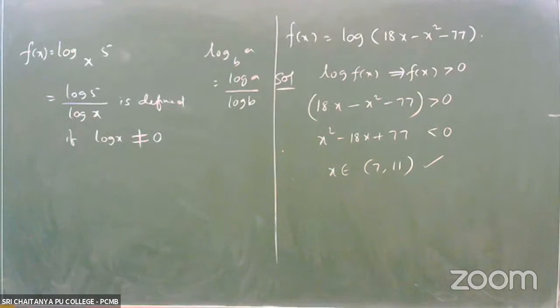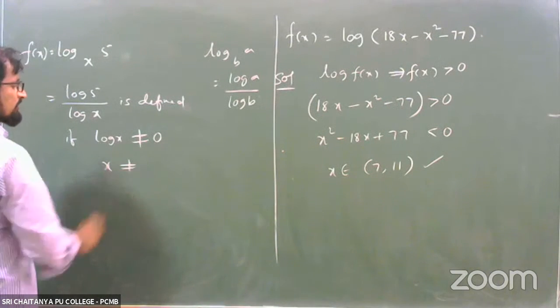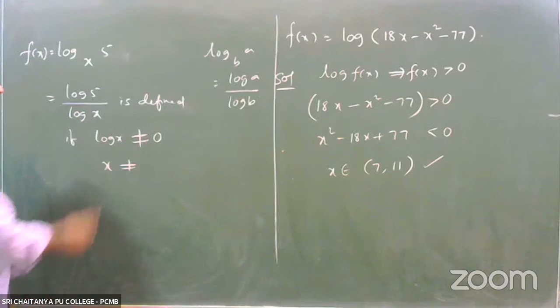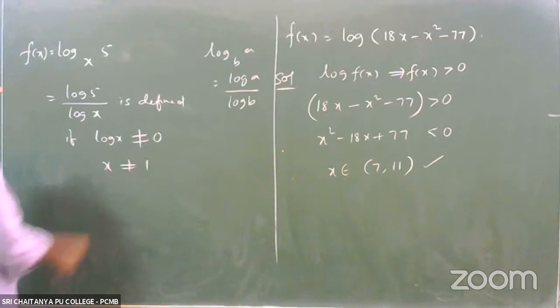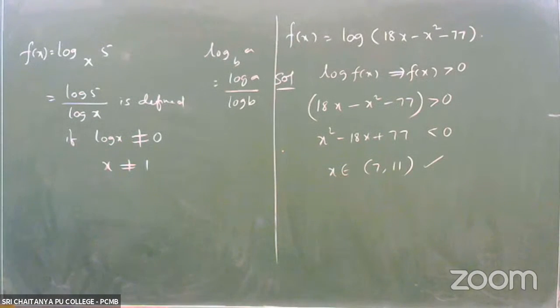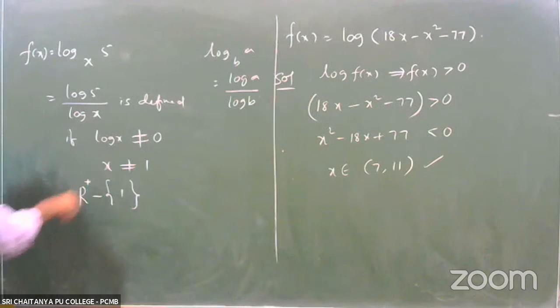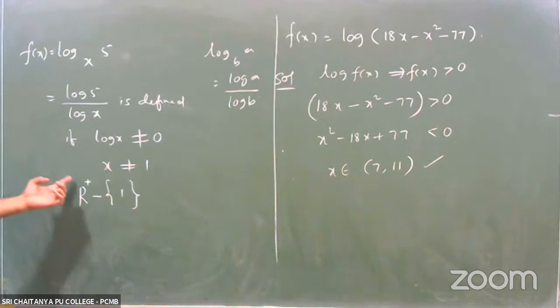Log x value is not equal to 0 means x should not be equal to 1. Why? Because log 1 is equal to 0, right? So R minus 1, all positive real numbers minus 1. Copy this one.